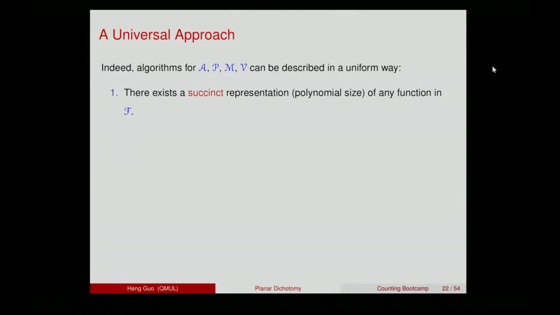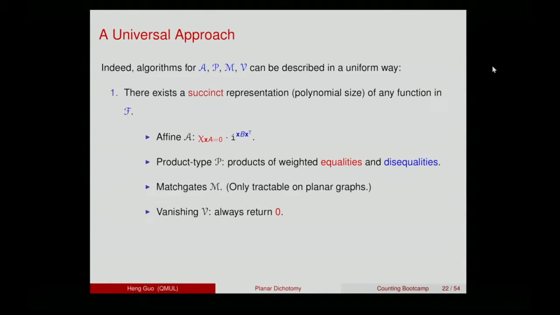But in fact, for all these four cases, we can define them for asymmetric ones. And when it's asymmetric, it has potentially 2 to the n many bits of information, but there always exists a succinct representation for any of these classes. Like for affine, we really only need to store the information of the matrices A and B, each of which is n by n, so it's n squared many bits.